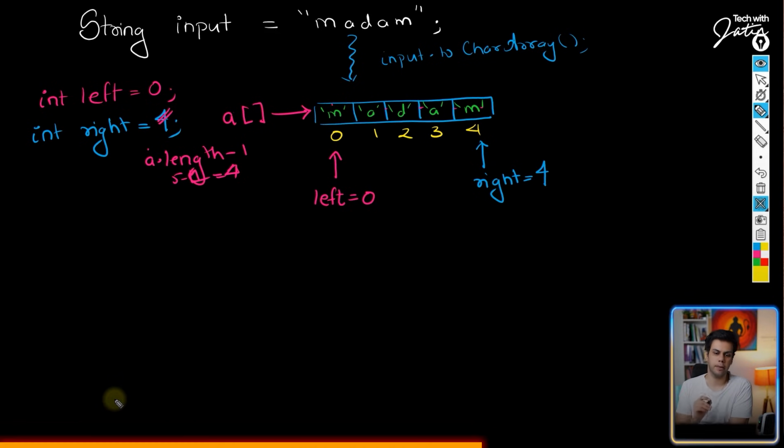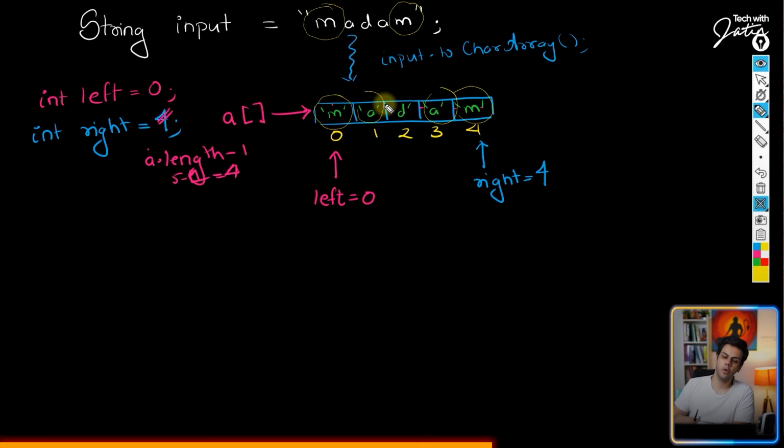I'm repeating it again. For this particular string to be a palindrome, whatever the element which is available on the left index should be equal to the element which is available on the right index. Cross check. M should be equal to M. A should be equal to A. And we just have one character, so we can ignore that.